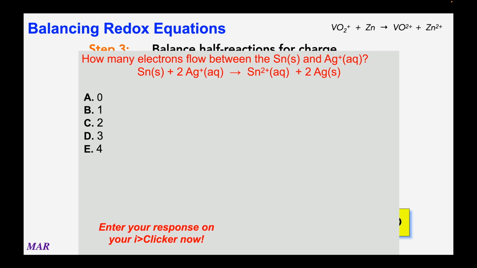But just because we think they've lost, we should also check the part that's being reduced, and that's silver+ going to silver. So each silver+ needs 1 electron to become silver metal, and there are 2 of them, so 2 electrons are needed to make 2 silver+ turn into 2 silvers. The operative word here is 2, all right?